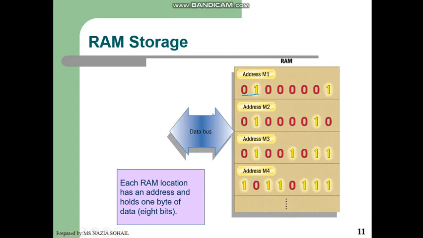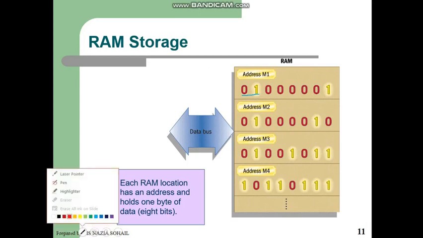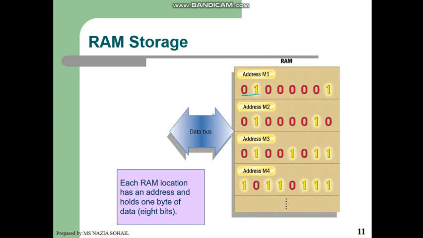For example, RAM reads these addresses, and through these addresses the RAM studies what data has been typed through the keyboard, and these addresses are then processed by the data bus. So this picture is a concept of how RAM storage works.